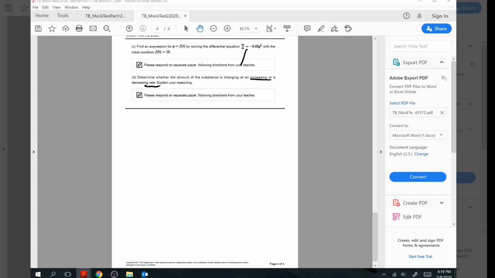So I got to take the second derivative. The derivative of dy/dt is d squared y/dt squared. The derivative of that junk on the right is negative 0.02 times 2y times dy/dt, the chain rule part for the y.